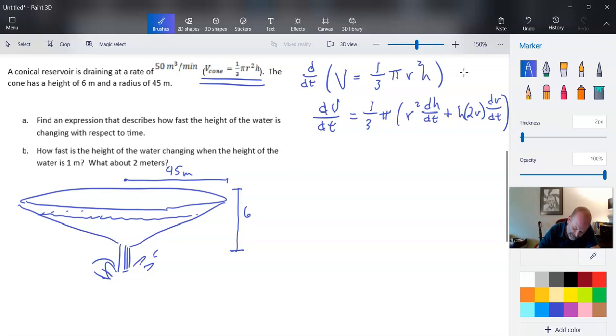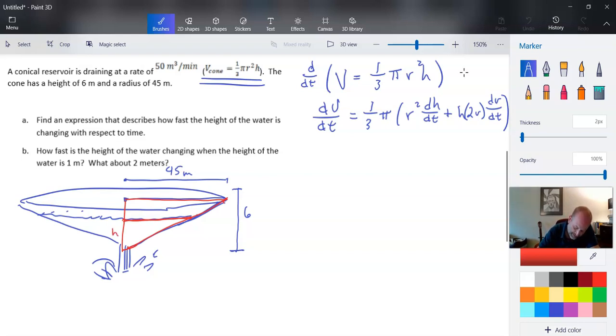If I just look at this right here, in fact, let me switch colors so it stands out. If I just draw this in here, that's a right triangle. And if I draw the water line in here too, that forms a second right triangle. And these two right triangles are similar to each other, right?